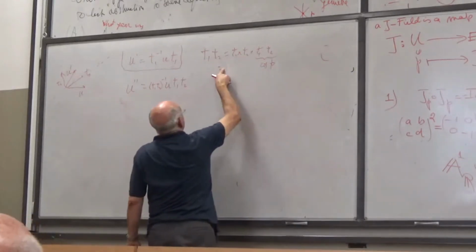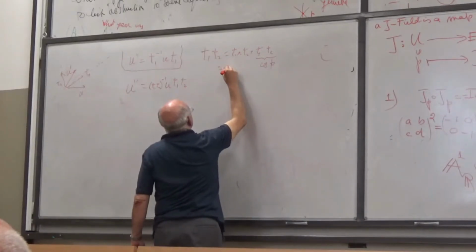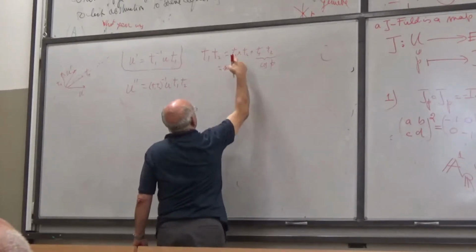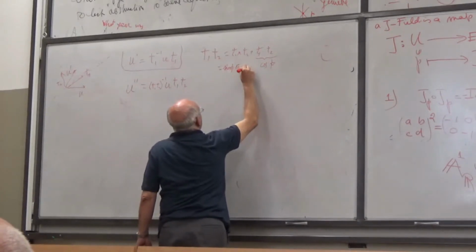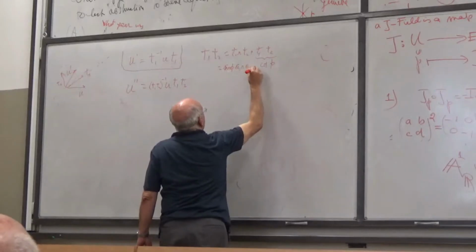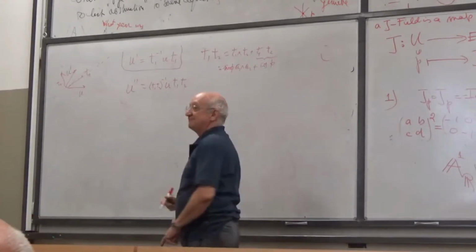So I can write this as the sine of phi times A1 A2, where A1 and A2 are orthonormal.